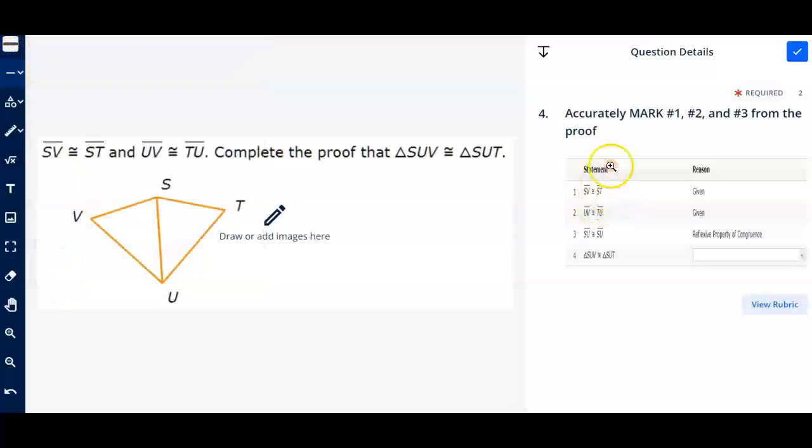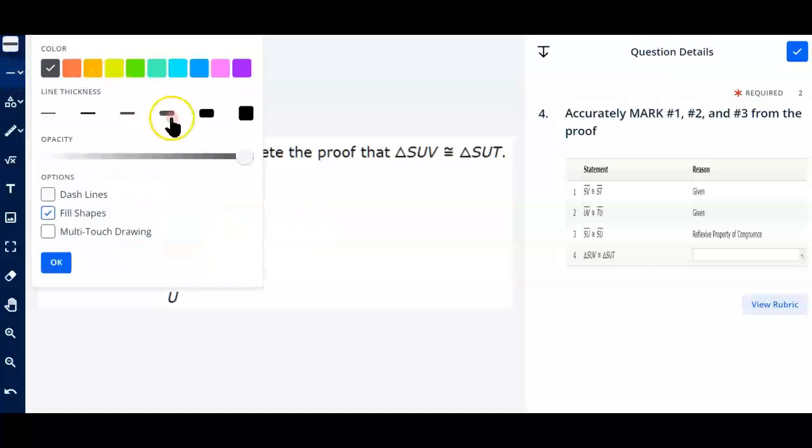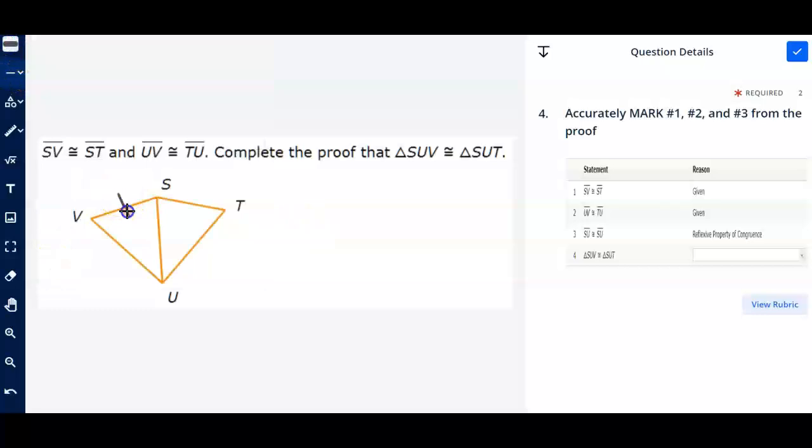So my first congruency statement is that SV, here's segment SV, a little thicker, SV is congruent to segment ST. My second congruency statement is that segment UV, here's UV, is congruent to segment TU. What is wrong with what I've done so far?